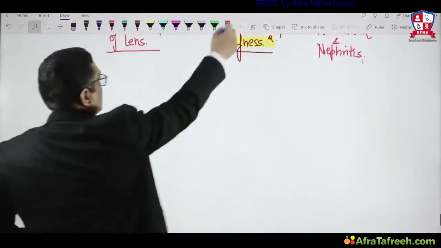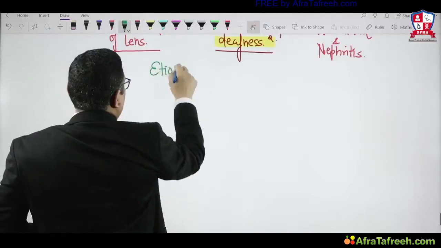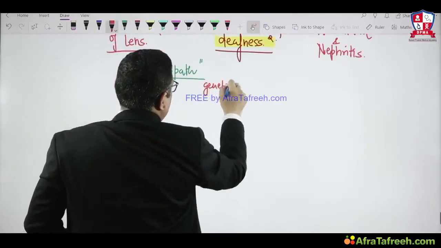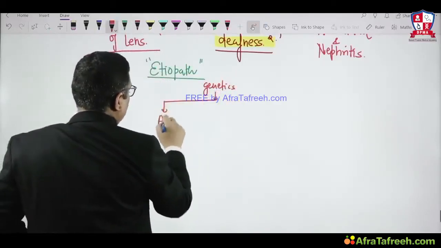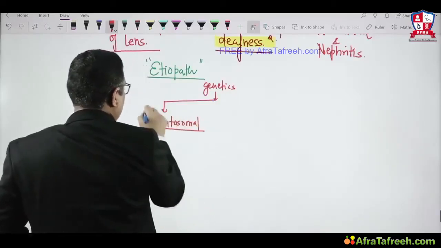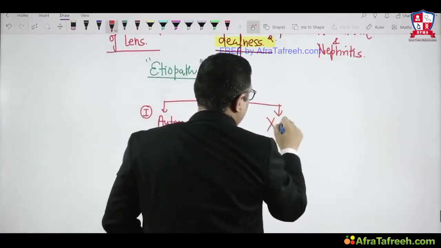If you see the etiopathogenesis, and if you are looking for the genetics of Alport syndrome, it consists of autosomal disorders, number one, and they are also associated with X-linked disorder.